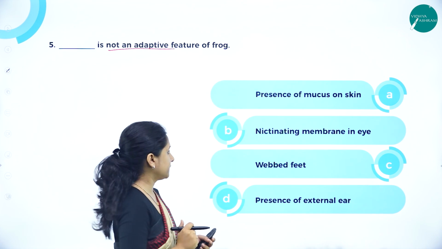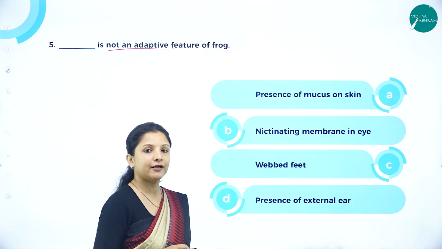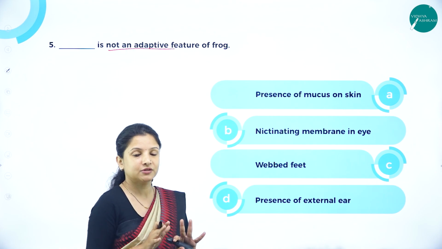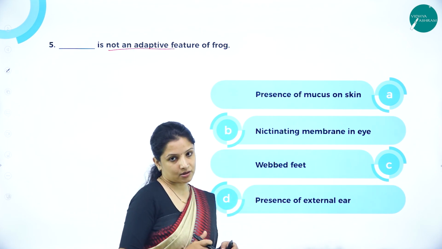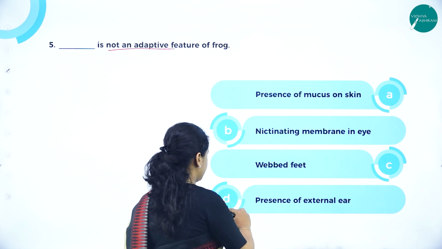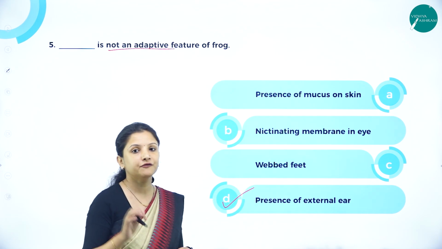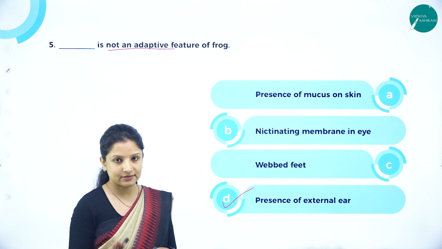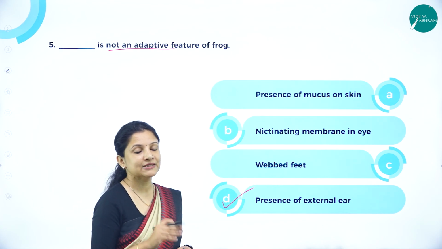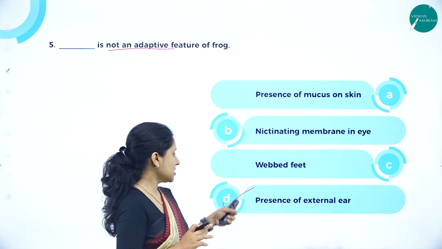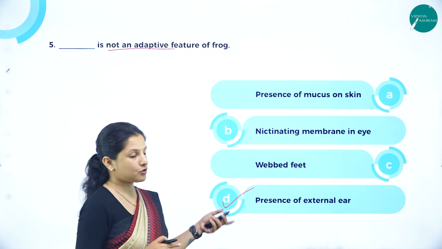That is an adaptive feature. Webbed feet: yes, they help them to wade or swim in water. Presence of external ear: this is not an adaptive feature of frog. Why? Because frogs do not have an external ear. Instead, they have an internal ear, with the tympanum visible outside. So this is the right answer, option D.